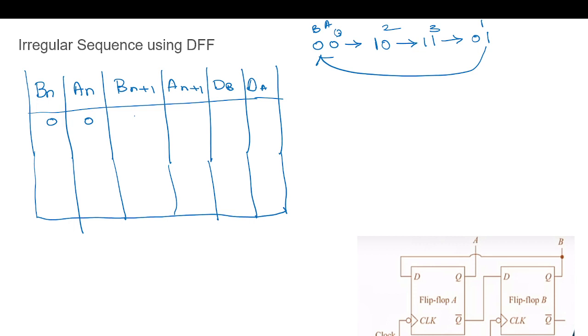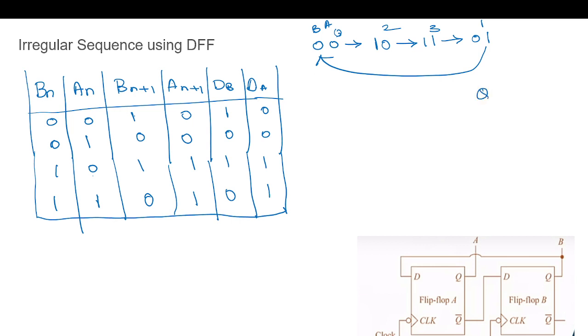Then from 0 0 it will be going to the 1 0 state. From 0 1 it goes to 1 1. From 0 1 it is going to 0 0. From 1 0 to 1 1. From 1 1 to 0 1. And D will be the same as the next state.